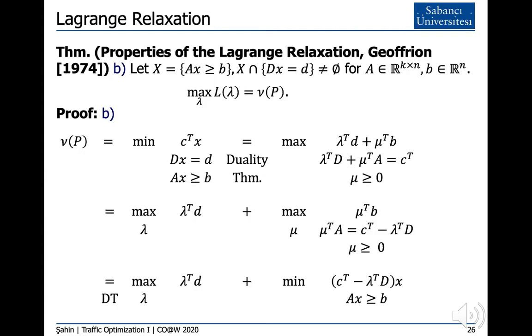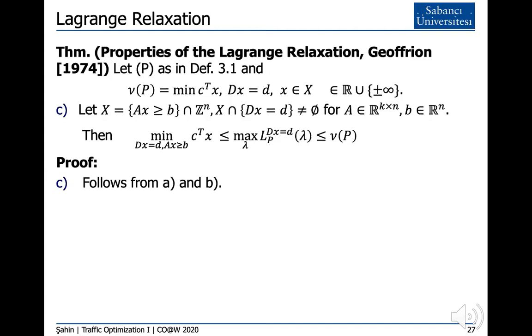We then take first the maximum over lambda, and then over mu. Again, we dualize the part with mu. We obtain exactly the Lagrange function for lambda. In other words, in the LP case, the Lagrange multipliers are exactly the dual variables for the complicating constraints.